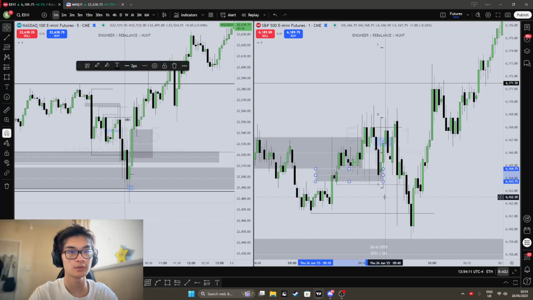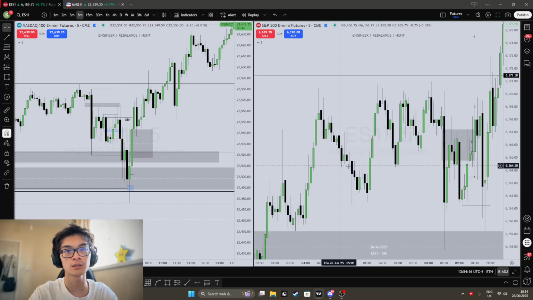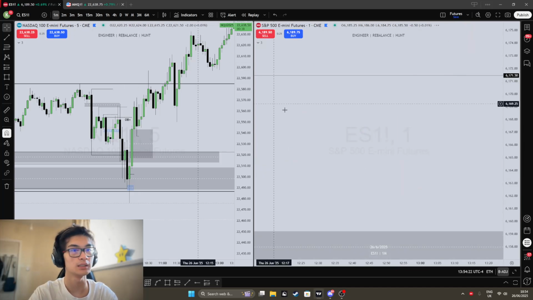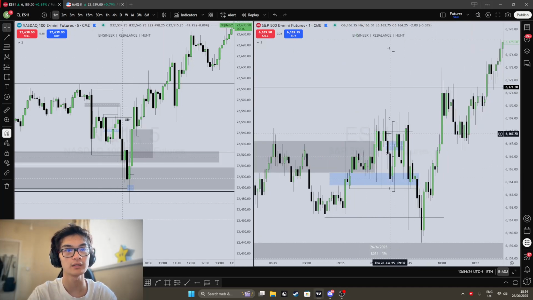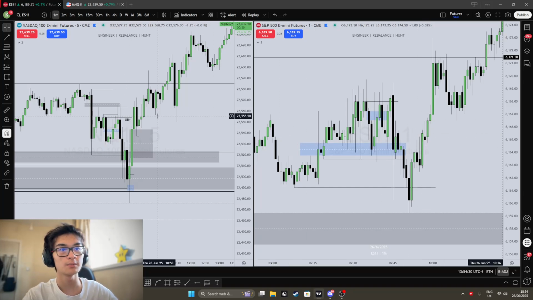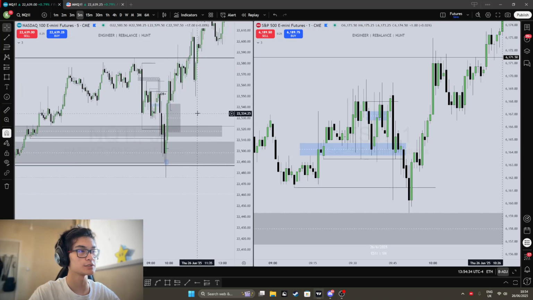There you go. And we also had a 5 minute fair value gap holding price higher, but it never managed to close above that change in the state, so I didn't take it. I'm sorry about how messy my chart is right now, but yeah, not really much else to say.